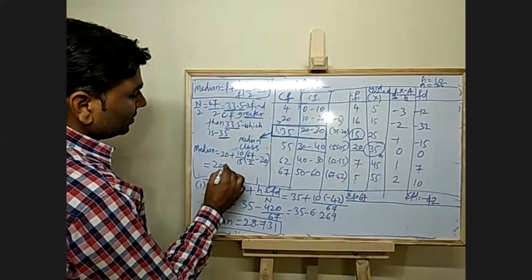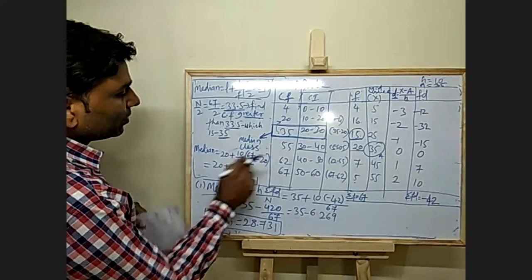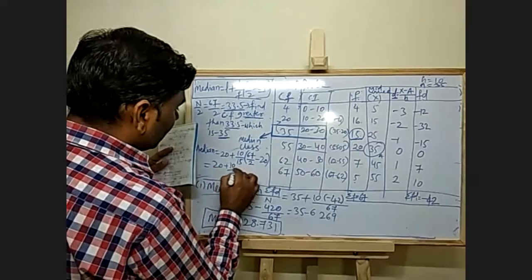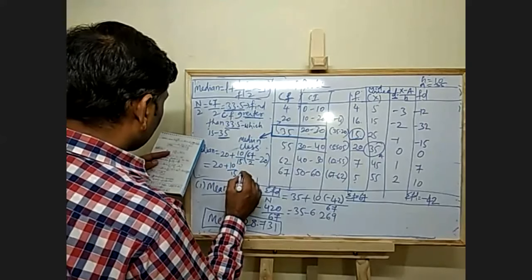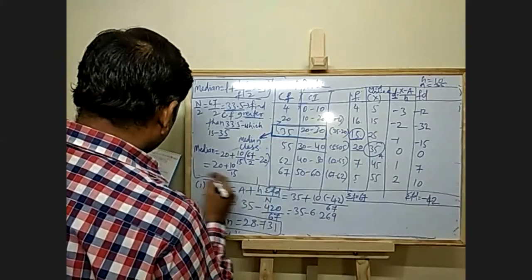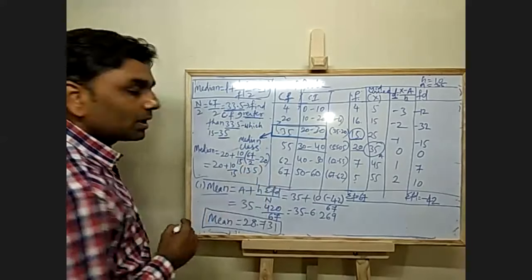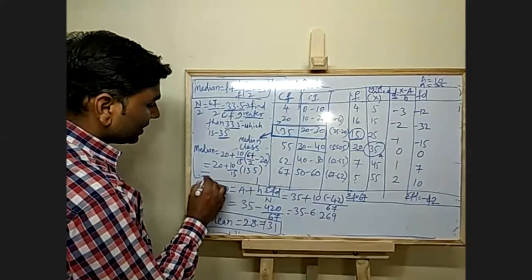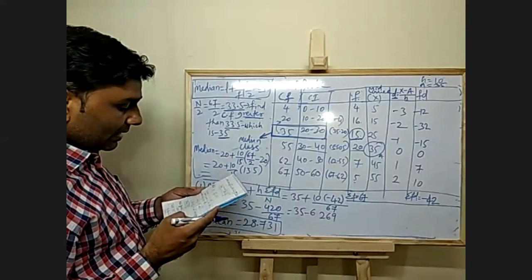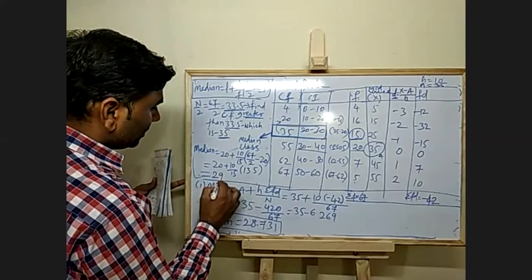20 plus, you solve this, this is 33.5 minus 20, that will give you 13.5. So 10 divided by 15 in the bracket, you will get say 13.5. Okay, so median, you will get around 29.